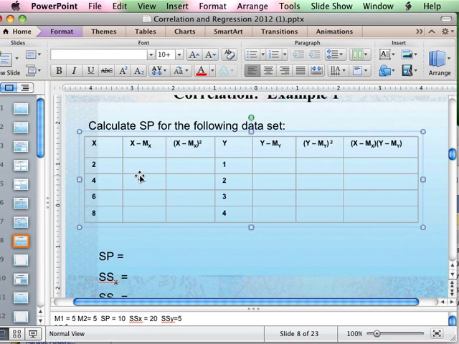I square my positive 0.5 here, and I get another positive 0.25. And then I square my positive 1.5, and I get, again, my positive 2.25. If I want to add all those up to get my sum of squares y, I add them all up, and I get a value of 5.